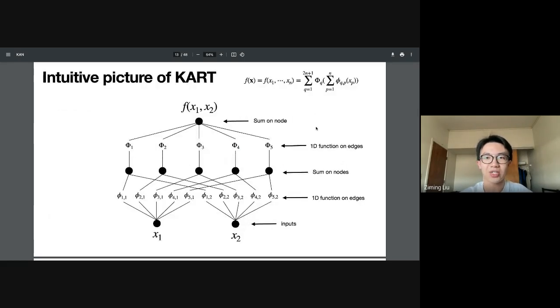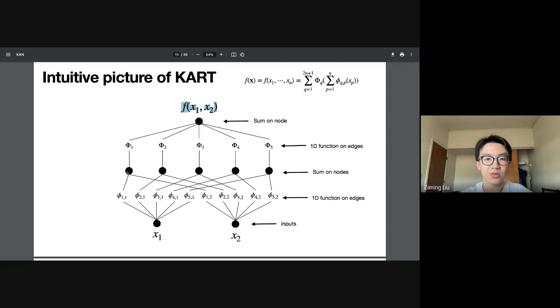So actually, it's corresponding to this diagram, taking in two variables and output one variable. Here, for simplicity, we set n to be 2, but you can easily generalize to other cases as well. So this formula is equivalent to this two-layer network with 5 hidden neurons.